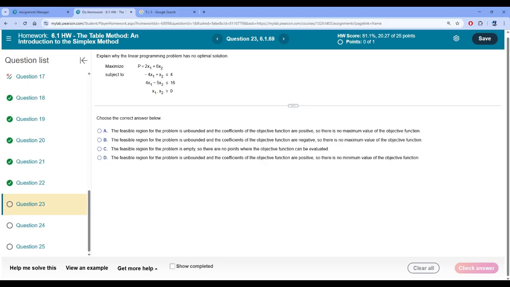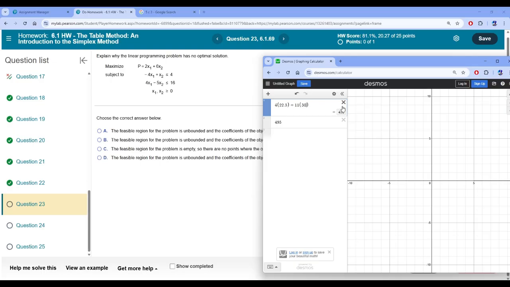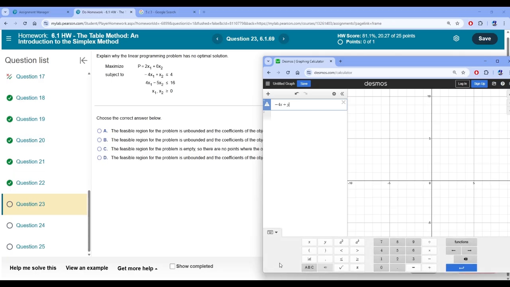Let's go to Desmos. Desmos is right there. All right, let's take a look at this graph because I'm starting to really understand this. So negative 4x plus y is less than or equal to 4.